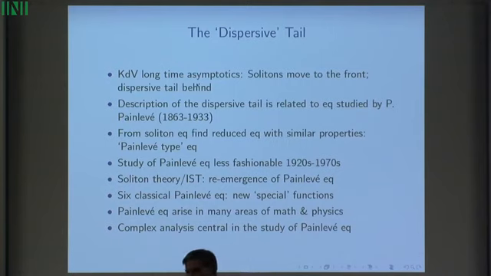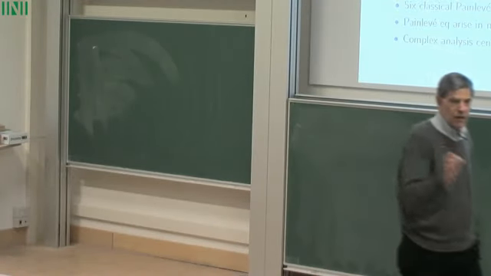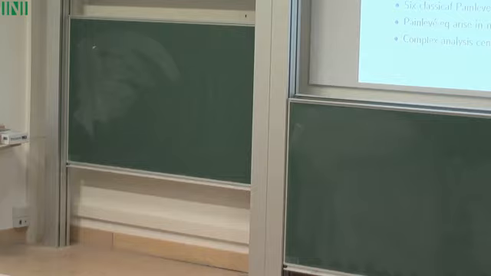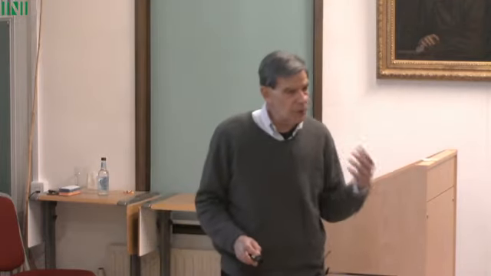But then we realized this had far broader consequences. Every equation we touched that was integrable, we take similarity solutions or reductions and find Painlevé equations. And we gave a description of what happened to it by integral equations. And we found that they had similar properties, and these properties are all complex variables. This is all complex analysis.